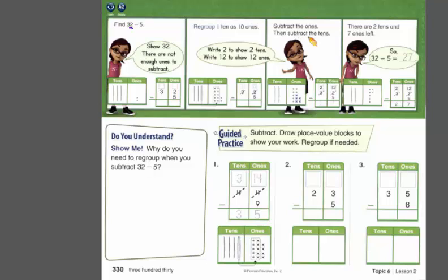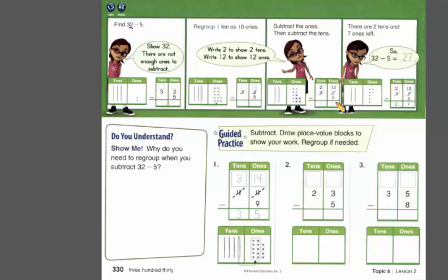What does the subtraction frame show in the ones column? Okay, 12 minus 5. I have now 12 cubes minus 5.